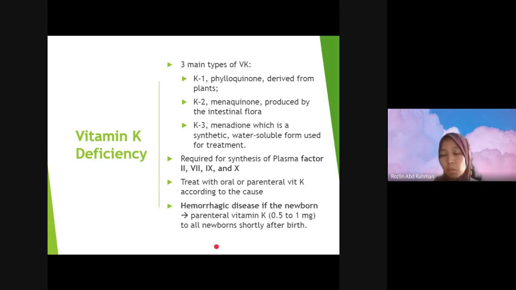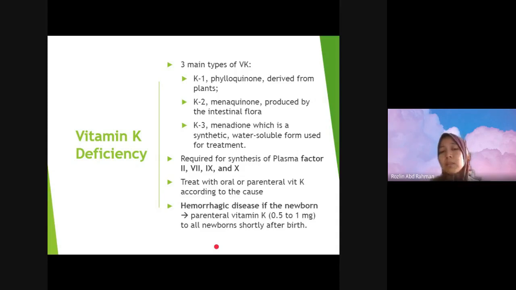So one of the problems adalah hemorrhagic disease of the newborn, which is a rare bleeding disorder which can occur after birth. Okay, so the hemorrhage is quite bad lah. It's a life-threatening condition. Okay, sebab vitamin K ni, it is not efficiently passed from the mother to the baby in utero.